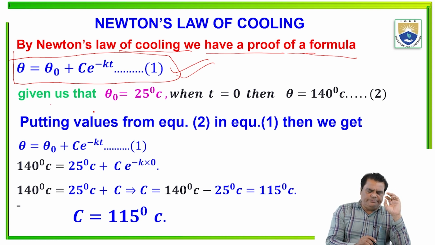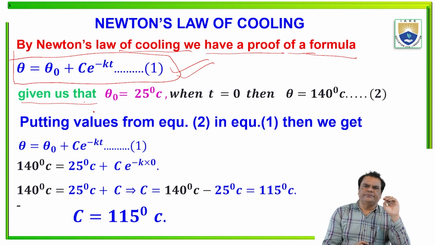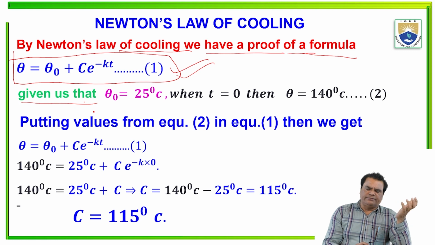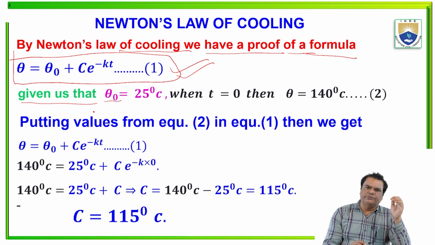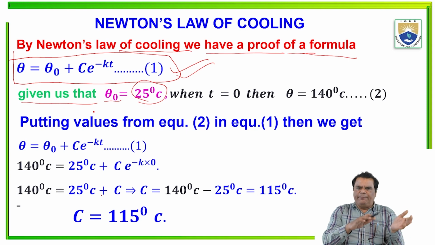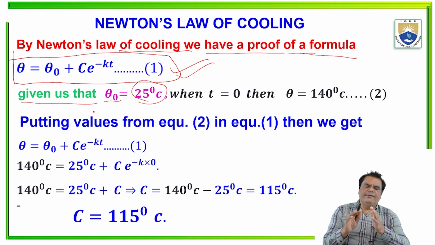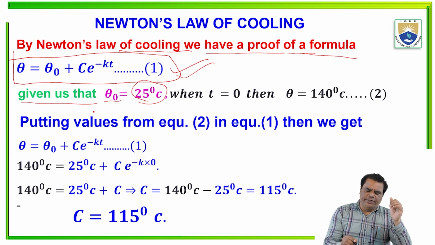What values are given in our question? First, theta naught is the air medium temperature, that is 25 degrees centigrade. When the body is kept in the air medium, the starting time is 0, so t equal to 0.